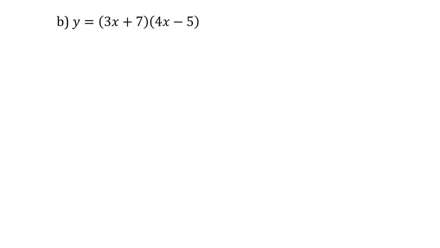I'm going to do this two ways. What's the derivative of the first thing? Thank you. 3 times the second thing. What's the derivative of the second thing? 4 times the first thing.